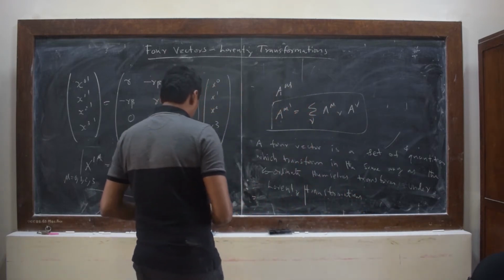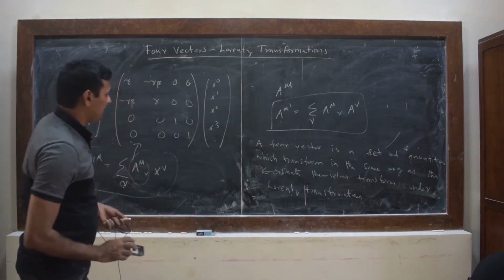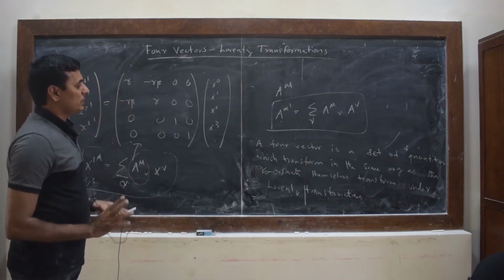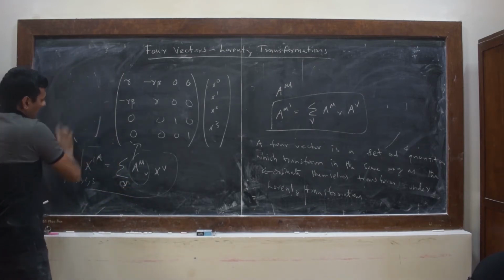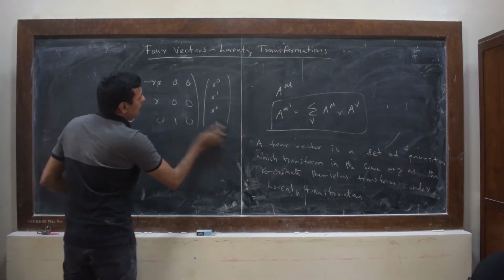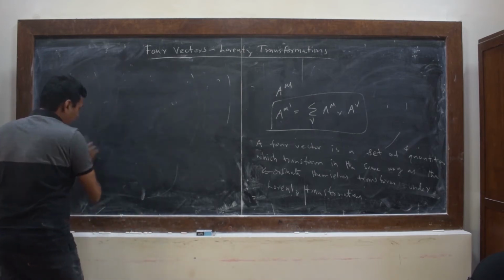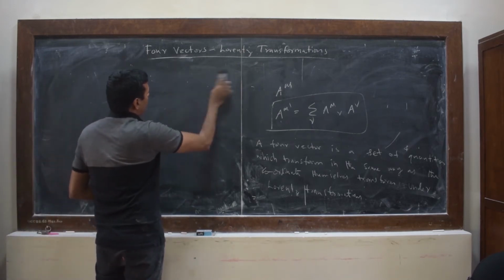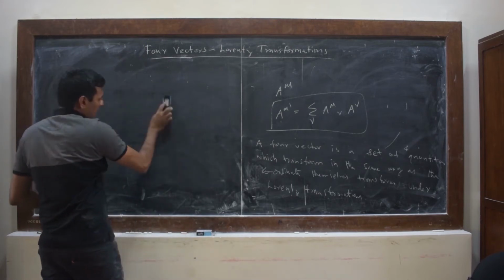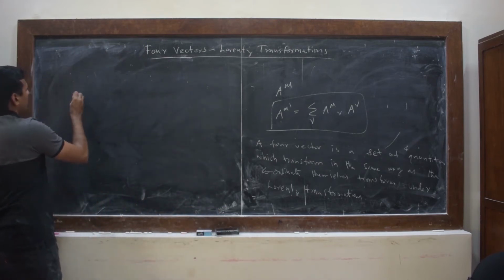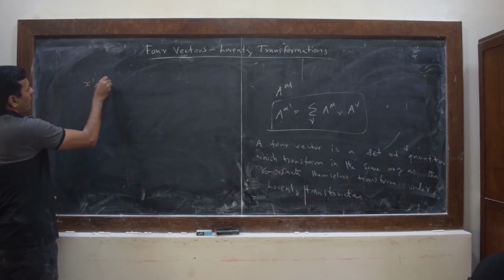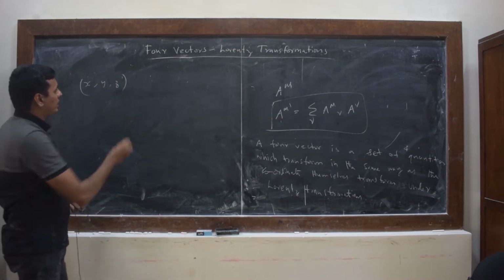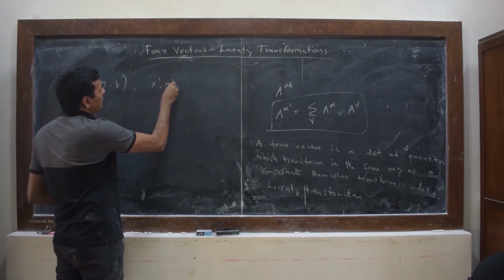Now I need to introduce, all right, so let us go back to the rotation. Suppose you have a vector whose components are x, y, z, and then you perform a rotation and the new components are x prime, y prime, z prime.